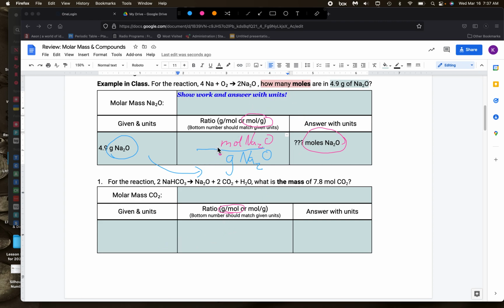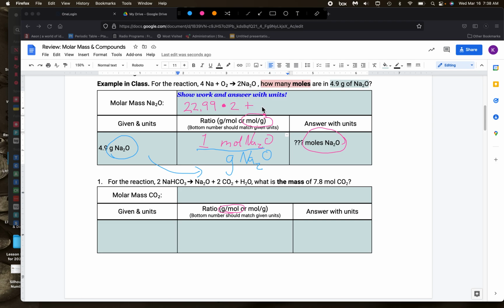So the number for moles is 1, and the number for grams is actually called molar mass. So we got to do this calculation before we can get this number. I'm just going to do that. So Na is 22.99, and there are 2 of them.